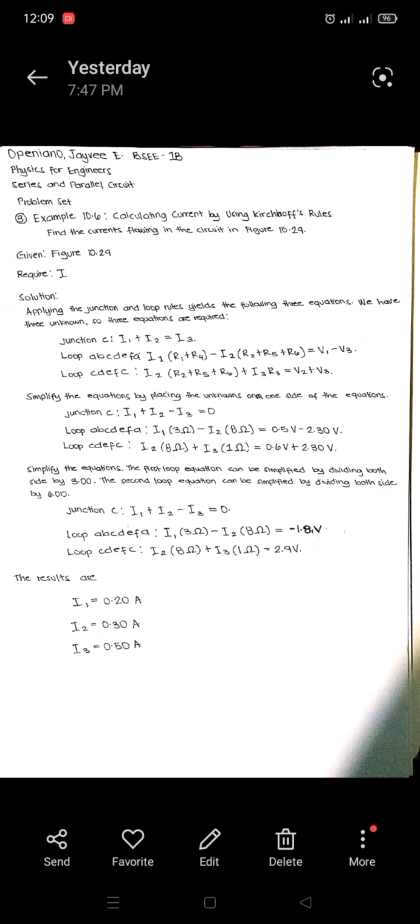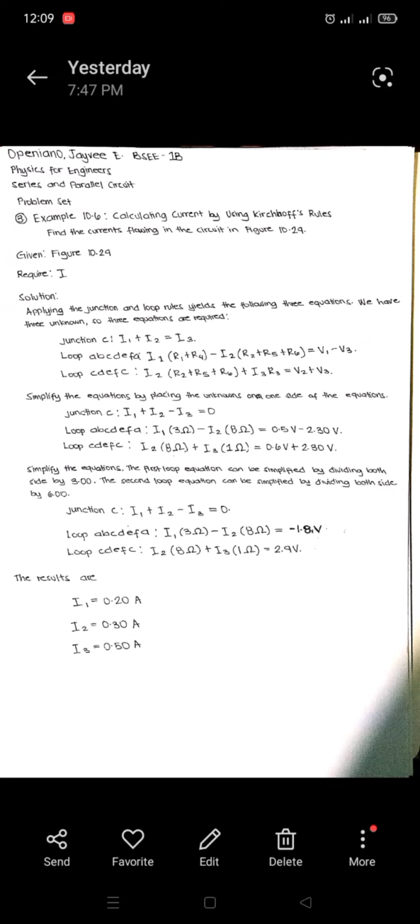Now simplify the equations. The first loop equation can be simplified by dividing both sides by 3. The second loop equation can be simplified by dividing both sides by 6. So junction C: I1 plus I2 minus I3 is equal to 0. Loop ABCDEFA: I1 times 3 ohms minus I2 times 8 ohms is equal to negative 1.8 volts.